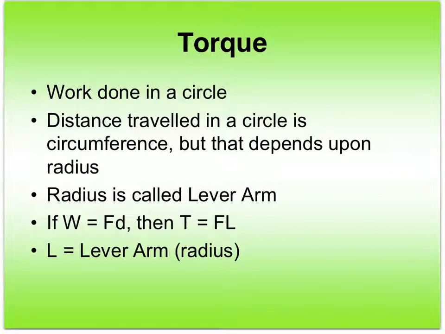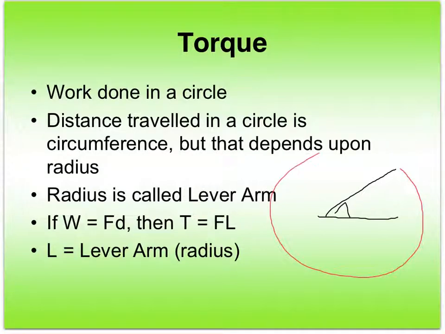It's called lever arm because let's say I have a lever right here. If I turn this lever arm, it's going to go in a circle based on this radius right here. So this is my lever arm. It doesn't matter how many times I look at that circle. If I do the other lever arm right here, it travels in a circle as well.